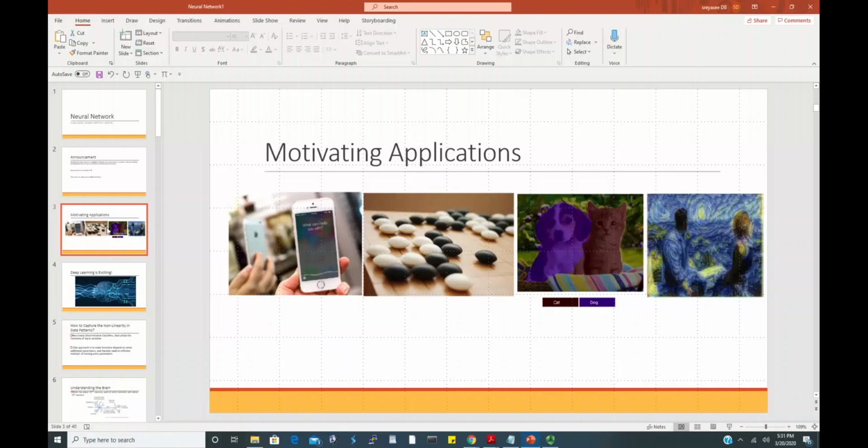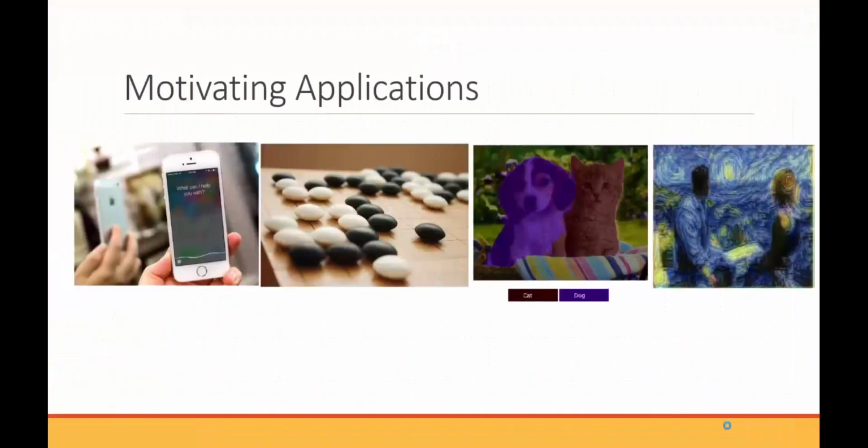The other type of example, which is the third one that you can see here, is an example of localization and segmentation, where the task is not only to predict the content of the image, which means it is not enough to say whether there is a cat or dog.